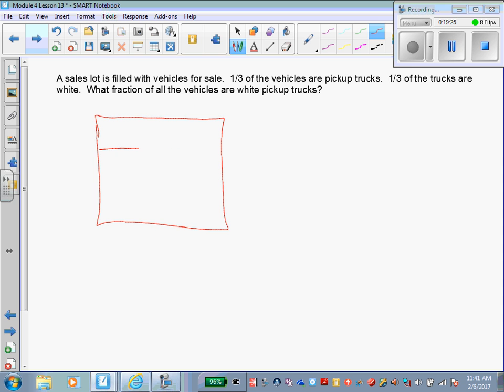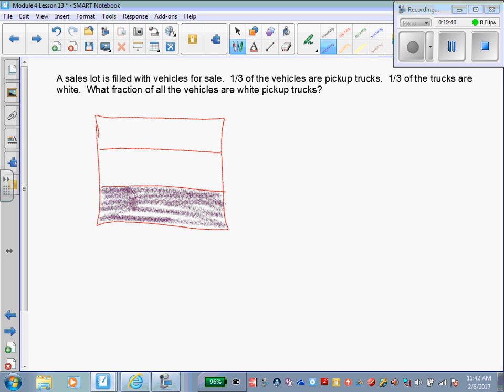So then I'm going to divide my box into 3 equal sections. We're going to show 1/3 first because all of these guys right here are what? They're pickup trucks.